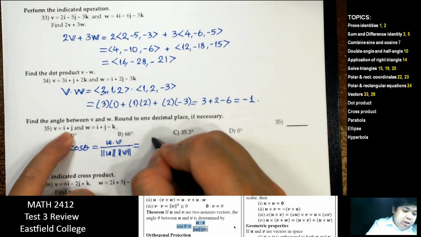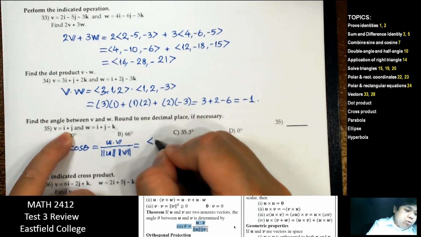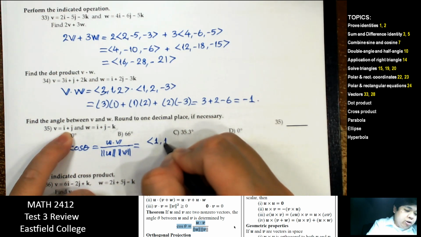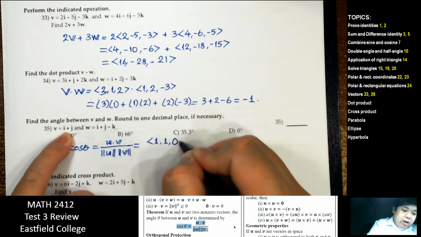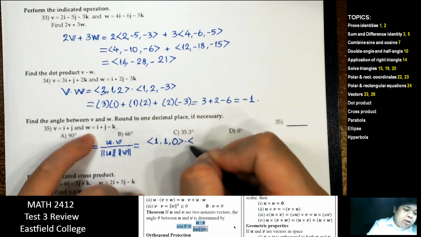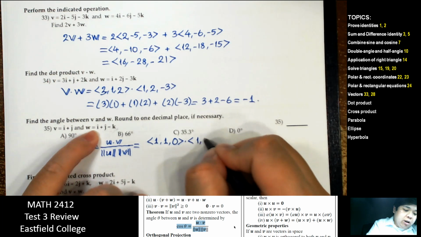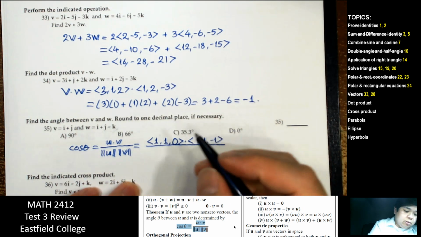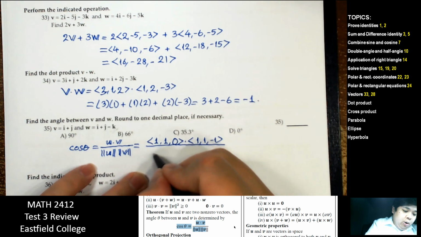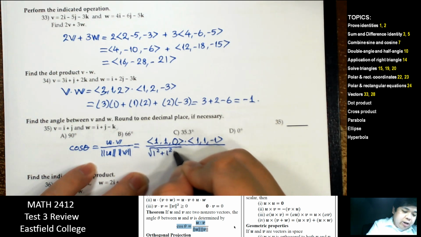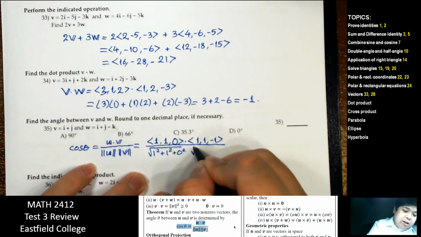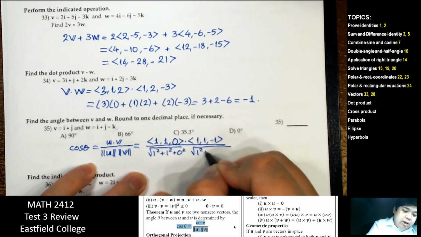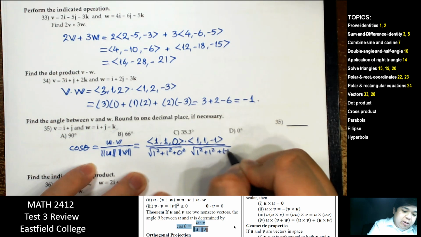Vector u is i plus j, so it will be just 1 for i, 1 for j, nothing for k. w is 1, 1, negative 1. Over the magnitude of u, 1 squared, 1 squared, 0 squared, and 1 squared, 1 squared, negative 1 squared.